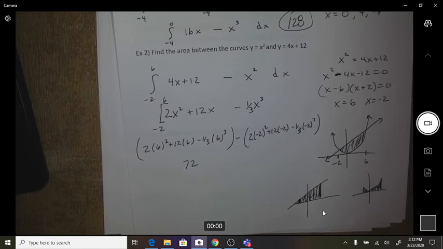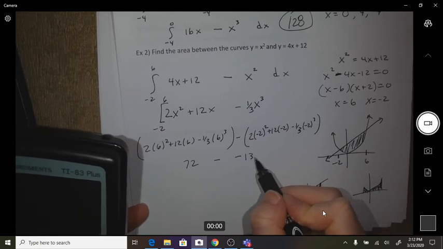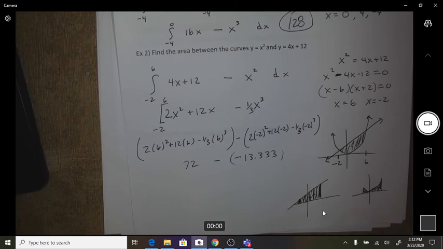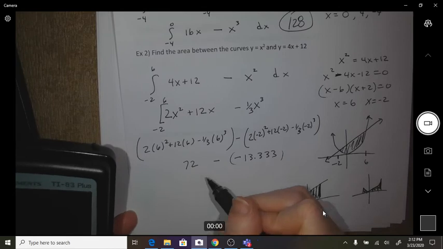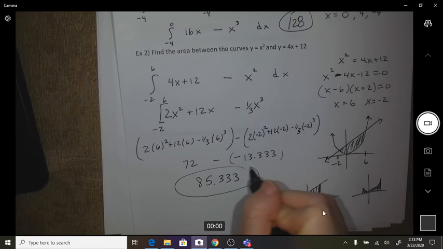And then 2 times 4 minus 24 minus 1/3 times negative 8. Okay, so I have to subtract a negative, and so that will actually add, so I would get 85.333 as my area.